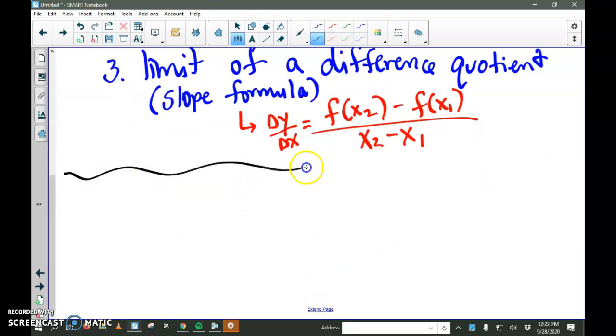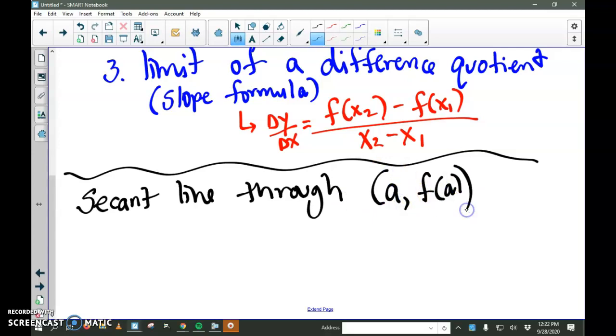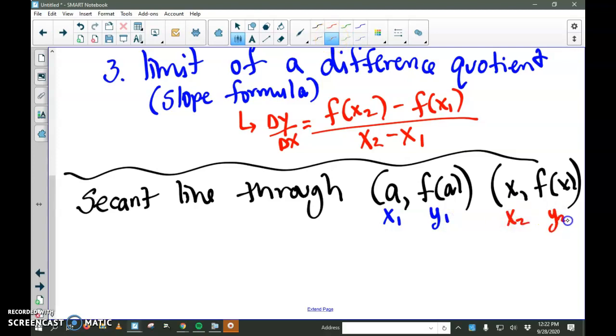So just to review what I went through on the Desmos exploration, if I have a secant line through, we'll say the point a, f of a, and we'll say x, f of x, this is like my x sub 1 and my y sub 1. And this would be my x sub 2 and my y sub 2.